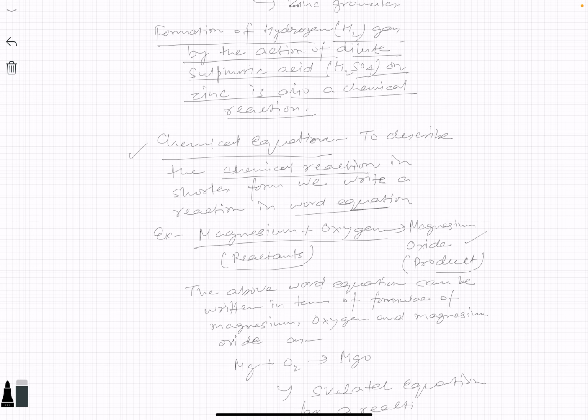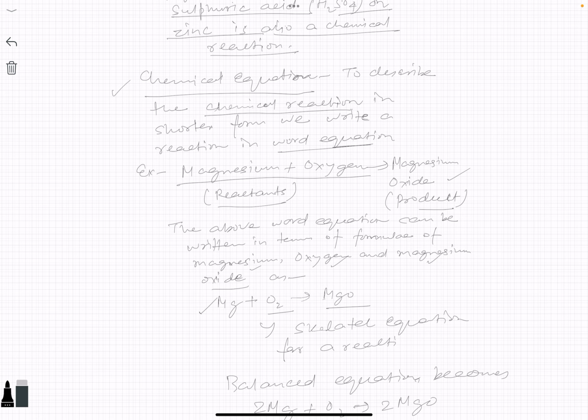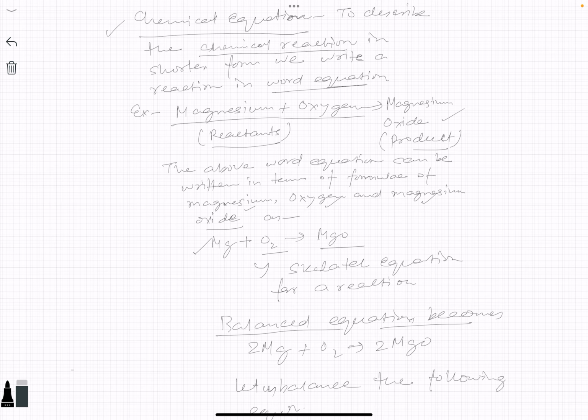The above word equation can be written in terms of formulas of magnesium, oxygen and magnesium oxide as Mg plus O2 gives MgO. This is a skeletal equation for a reaction because it is not balanced. The balanced equation becomes 2Mg plus O2 gives 2MgO.